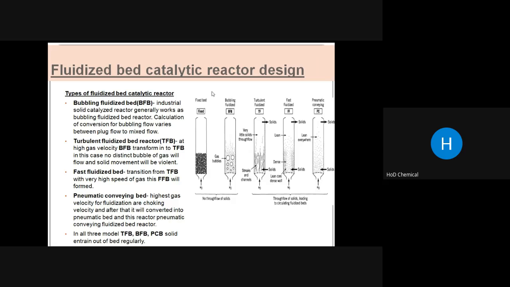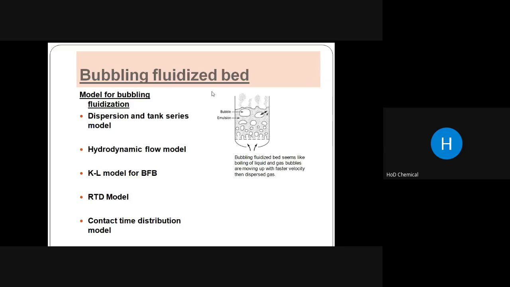In fluidized bed, we have to improve the contacting times and pressure drop. After the pressure drop, whether porosity, that is pore volume or void, occurs or not, and then velocity. So all those parameters we have to check.